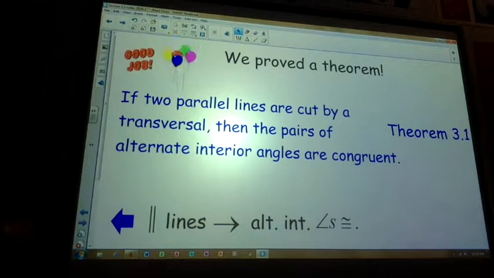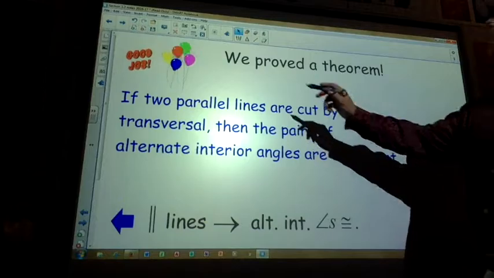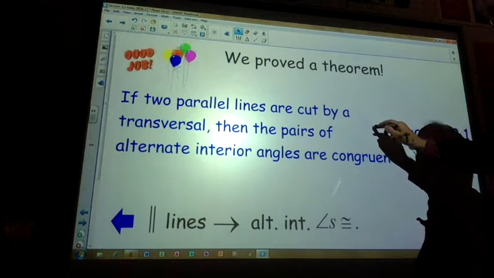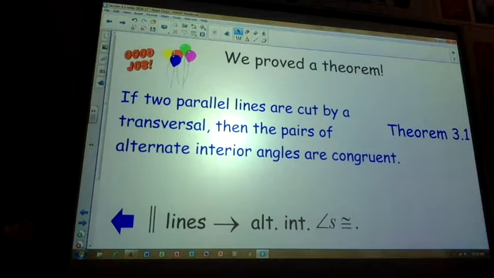If two parallel lines are cut by a transversal, then the pairs of alternate interior angles are congruent. This is theorem 3.1. Okay, so parallel lines, if we have two lines parallel, they're cut by a transversal, then the alternate interior angles are congruent. That's theorem 3.1.